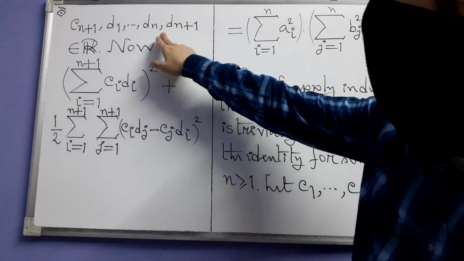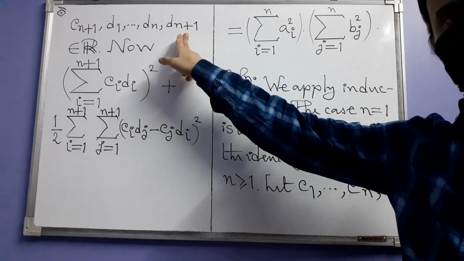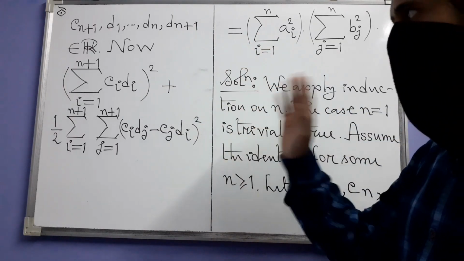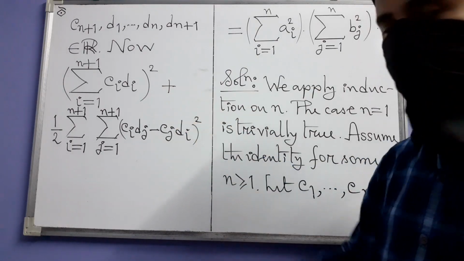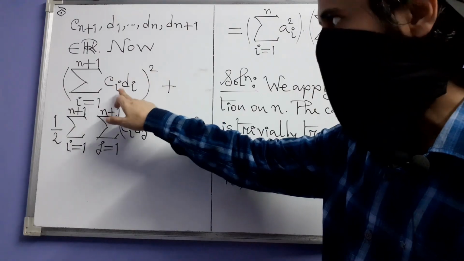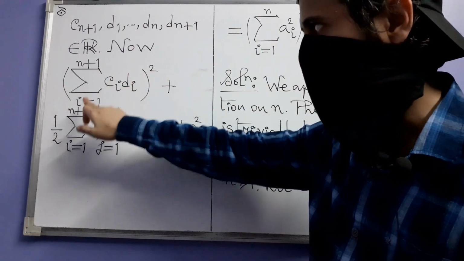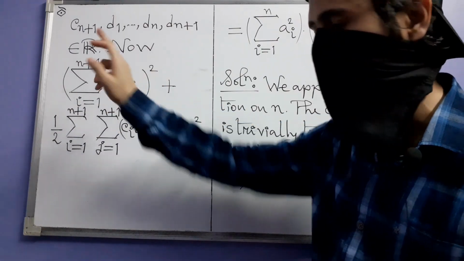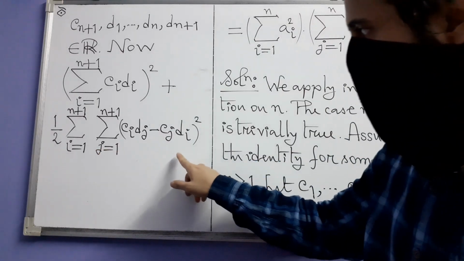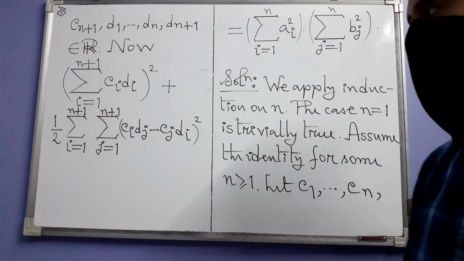Similarly D1, D2 up to Dn and Dn plus 1. So these are my real numbers now. And for these real numbers, I consider the left hand side of our identity. This time, in this first sum the index i will go from 1 to n plus 1, and accordingly, the second term also looks like this.